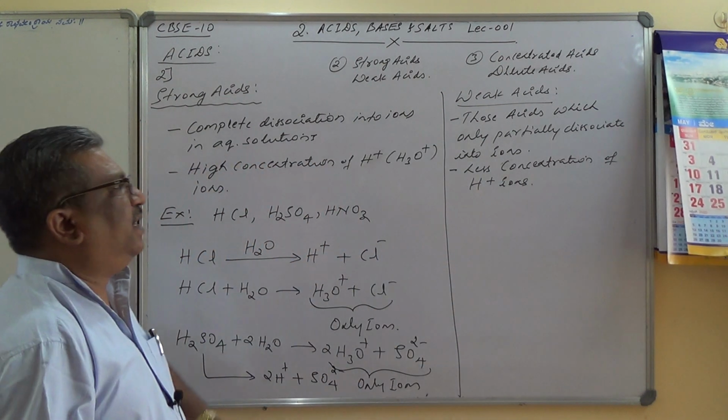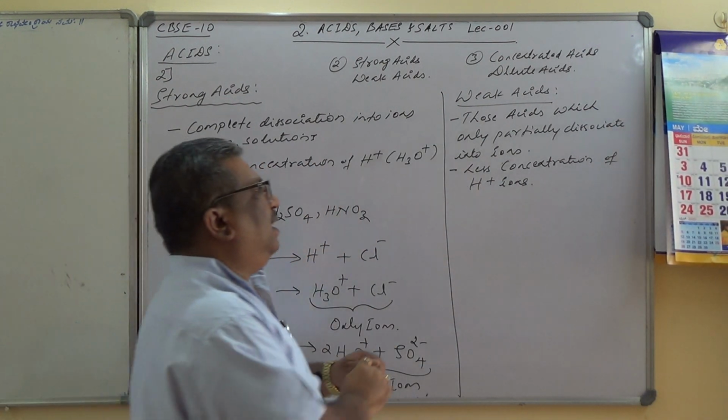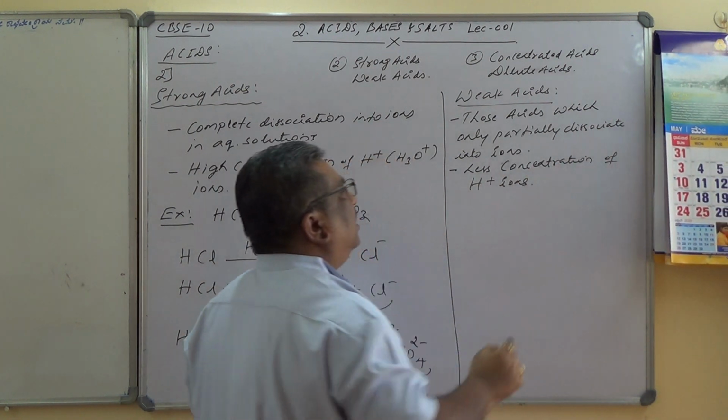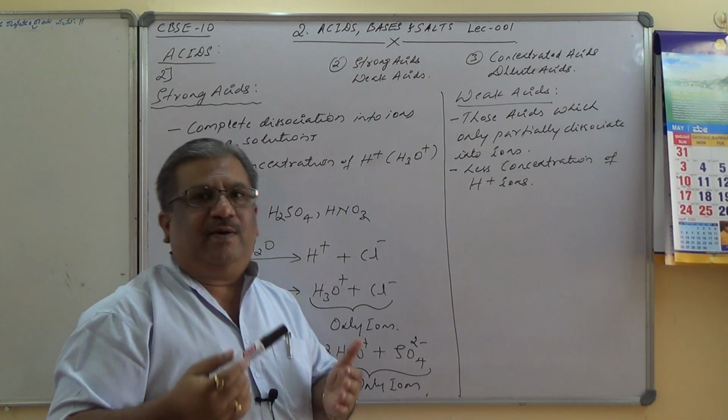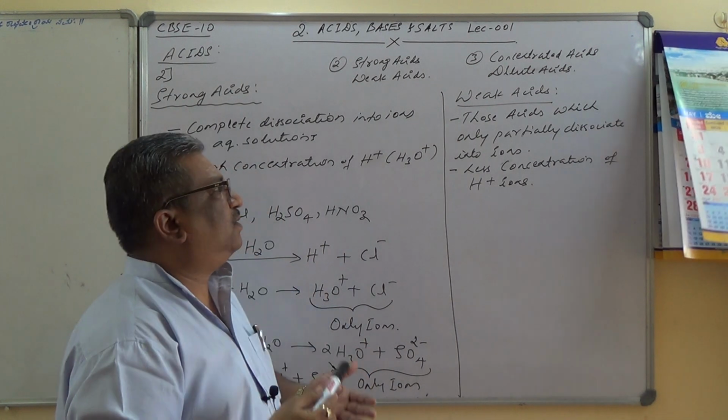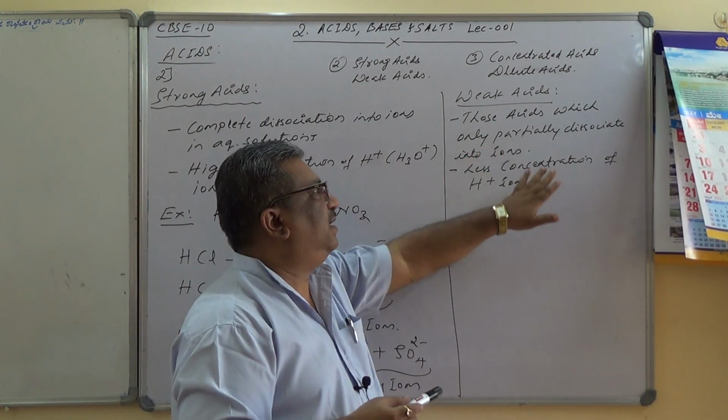Understood? So weak acids only partially dissociate into ions. They do not undergo complete ionization, they do not undergo complete dissociation, but only partially dissociate into ions.